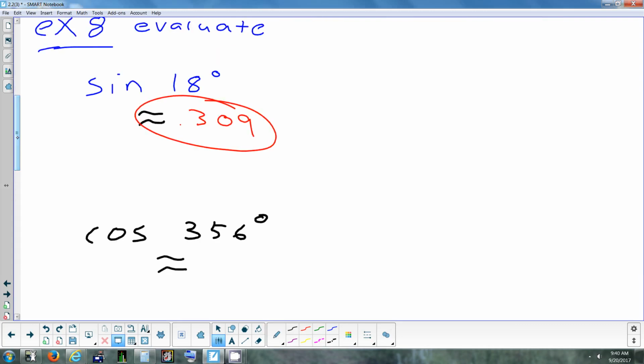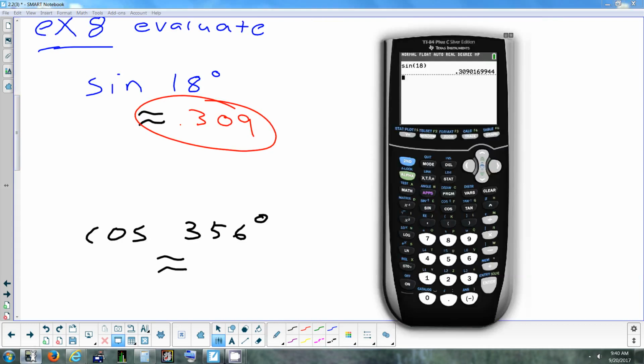All right, let's try cosine of 356 degrees. Robin, if I'm already set up from my last problem, do I need to change my mode here? No, it's already in degrees from last time. So just leave it. Cosine 356.